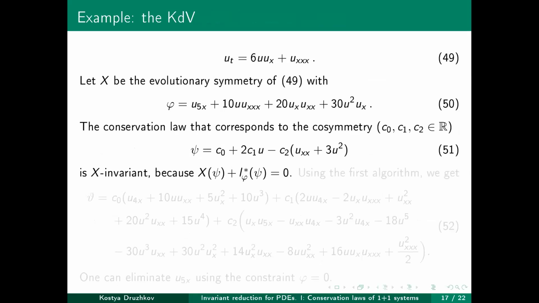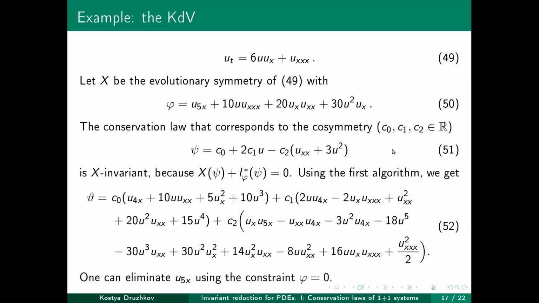And let's consider the conservation law that has the cosymmetry 51. So basically, we consider three conservation laws, right? We have three arbitrary constants here. And the conservation law is X invariant again, so we can apply our algorithms.